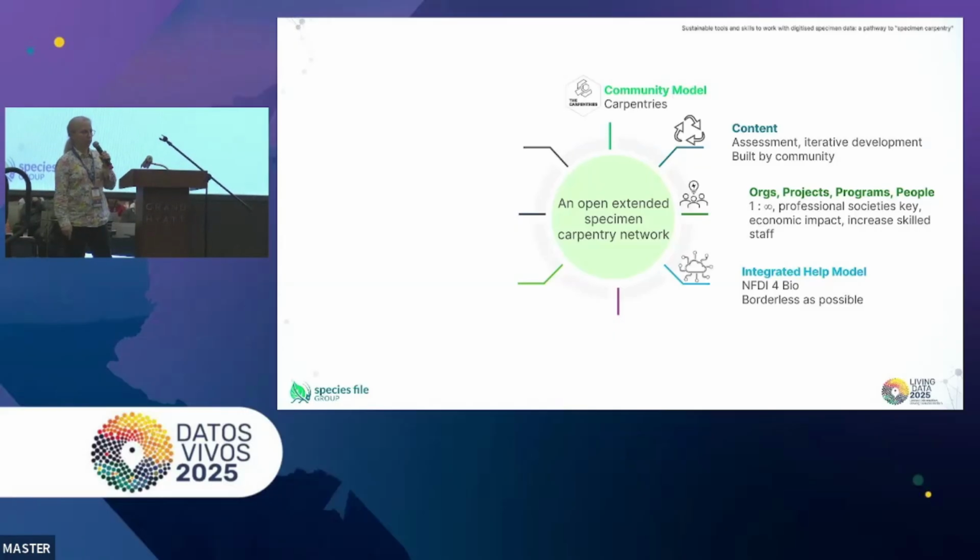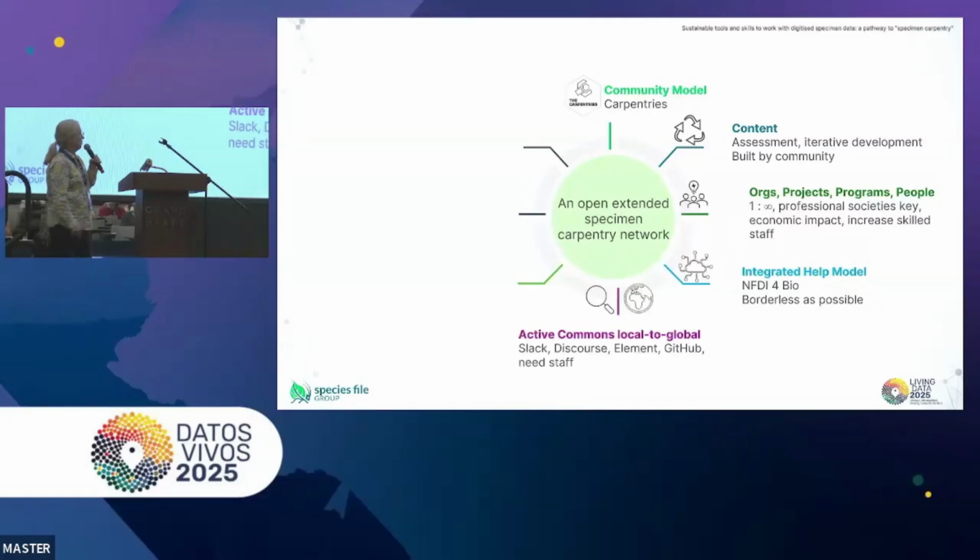One model we can riff on and experiment with is the current German effort to integrate their research infrastructures across chemistry, earth data, the life sciences, biodiversity data, and more. They have 26 different consortia, and they've built this integrated help model. We need people.